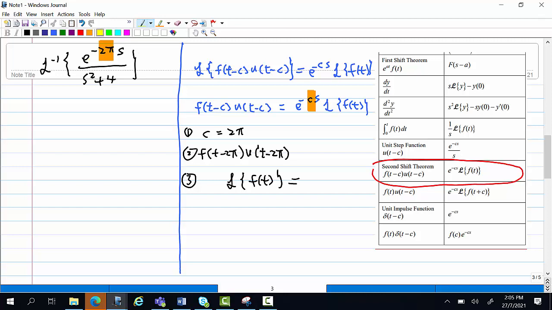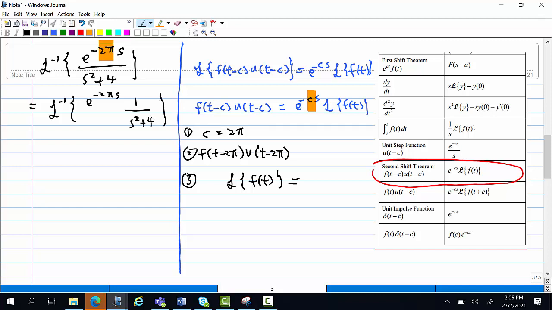You can write this in another way: the inverse Laplace transform of e to the minus 2πs times 1 over s squared plus 4.